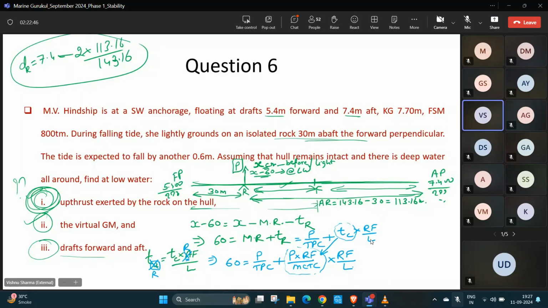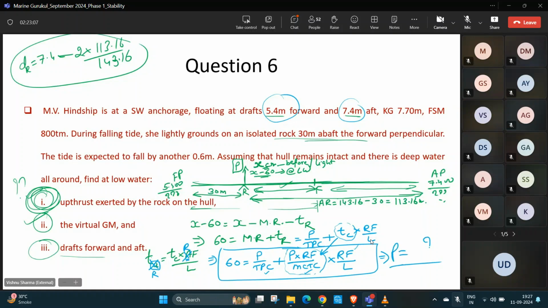So what do you have to do now? Basically, you have to find the draft when the vessel is afloat, for which you have to find TPC, you have to find MCTC, you have to find LCF. Once you get LCF, you can find RF. Then everything will be known. Only missing will be P. And from here, you can calculate the value of P. Have you understood?